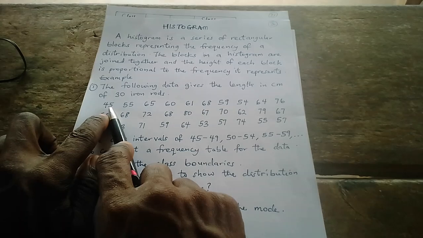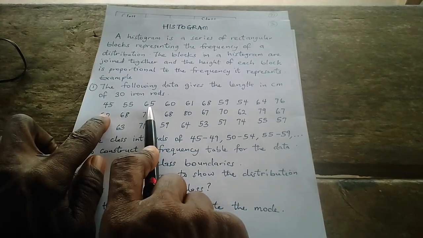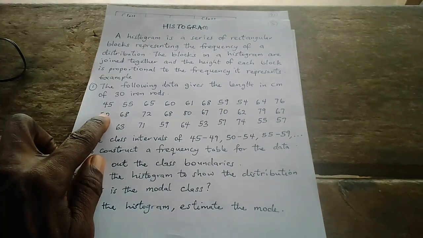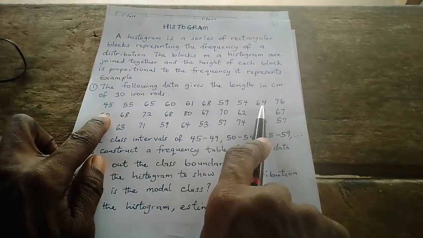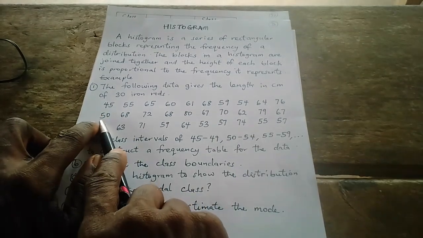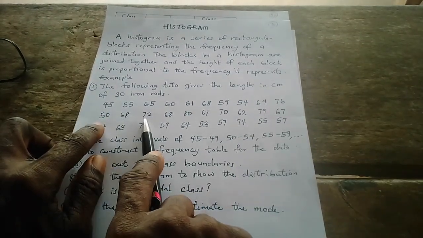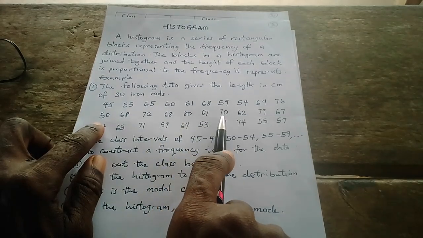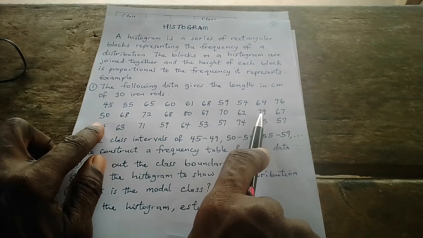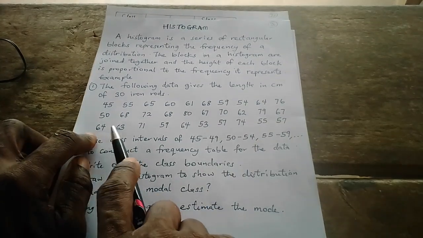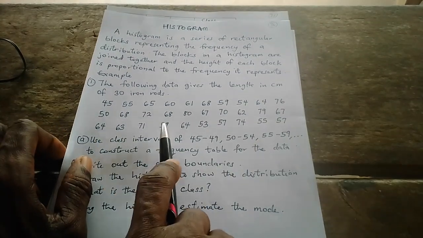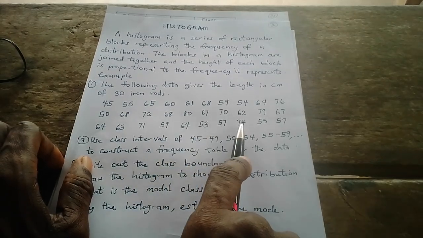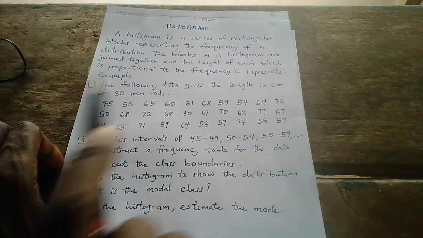We are having 45, 55, 65, 60, 61, 68, 59, 54, 64, 76, 50, 68, 72, 68, 80, 67, 70, 62, 79, 67, 64, 63, 71, 59, 64, 53, 57, 74, 55, 57.